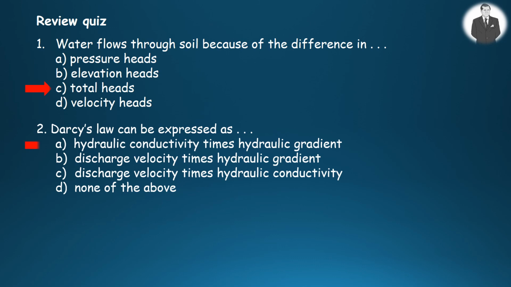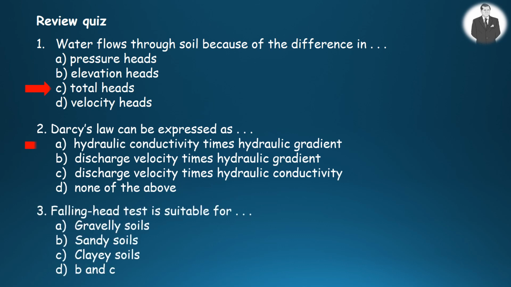A, yes, hydraulic conductivity times hydraulic gradient. Nice going. The third question: falling head test is suitable for what type of soil? No, that is for coarse-grained soils. So this one is for clay soils. Good. So the answer is C. Well done.